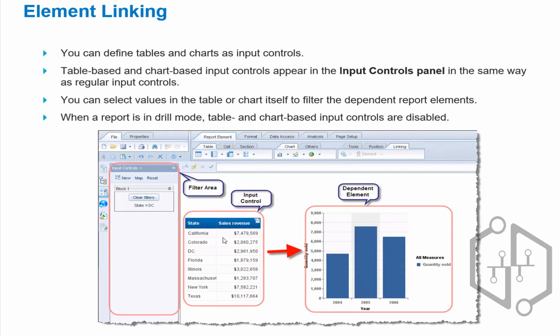You can select values in the table or chart itself to filter the dependent report elements. When a report is in drill mode, table and chart based input controls are disabled. So when we are using scope of analysis, when we set a hierarchy and use drill mode, these options will be disabled for a chart and a table in input control.